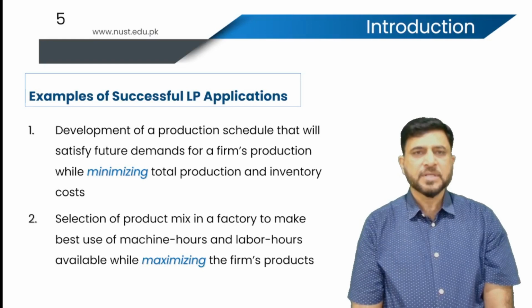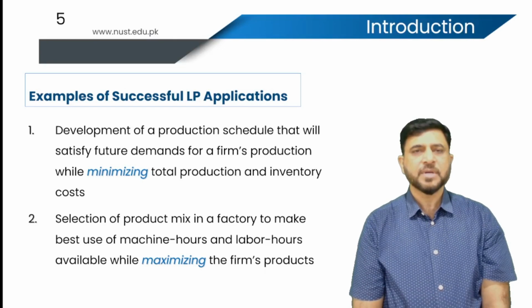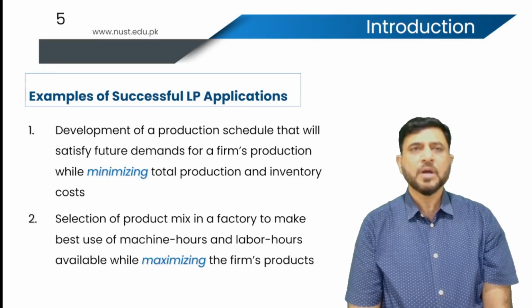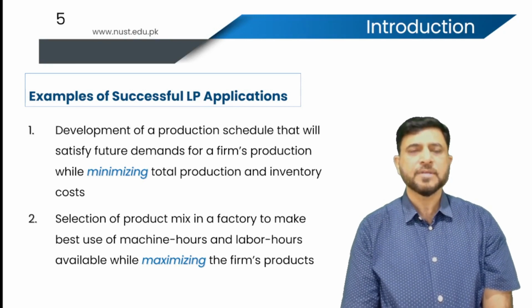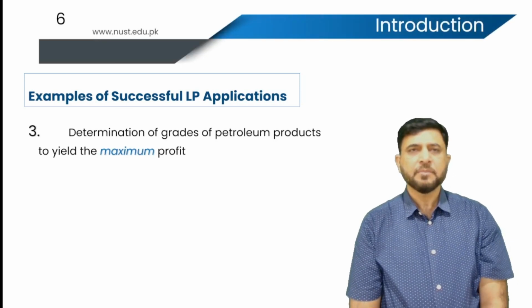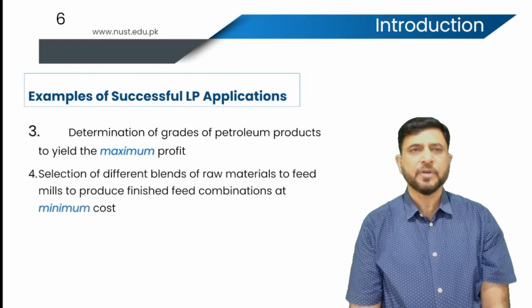Selection of product mix in a factory to make best use of machine hours and labor hours available while maximizing the firm's products. So generally, you come across these two types of problems in your factory, in your office, or in your warehouses. Then determination of grades of petroleum products to yield the maximum profit.